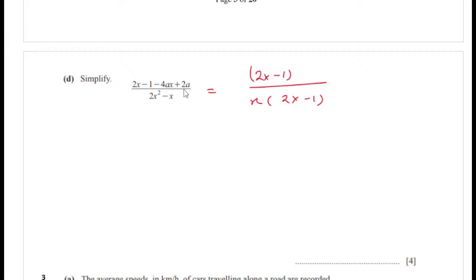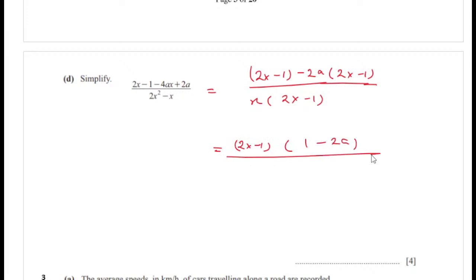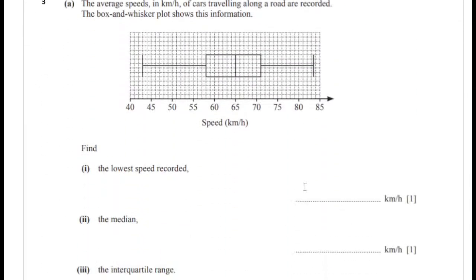Now this minus 4ax and plus 2a, we can take minus 2a common, and here again I have 2x minus 1 only, so now I can take 2x minus 1 common. So once I take 2x minus 1 common, I have 1 minus 2a divided by x times 2x minus 1. So this 2x minus 1 will cancel, and finally I have 1 minus 2a divided by x. Okay, so a little tricky, but it's a simple question.